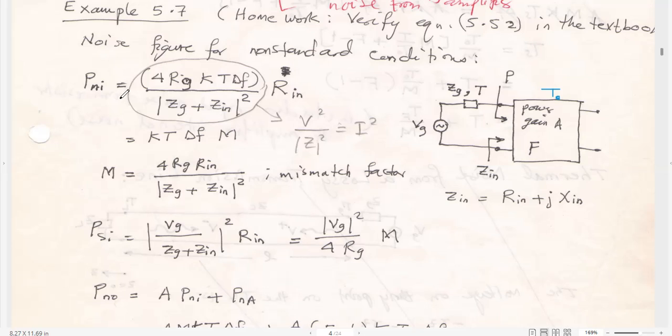Now P input is equal to I squared magnitude times R input. This is the real power delivered to the amplifier. I squared equals V squared over impedance squared magnitude.